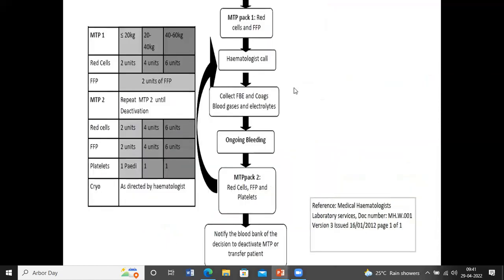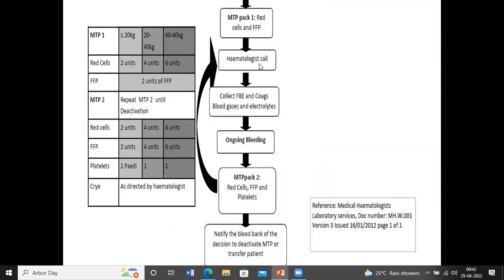And the MTP gets activated. Once the MTP is activated, the unit is going to receive MTP pack 1. So MTP pack 1 usually contains red blood cells and FFP. For example, here, for this protocol that they have, a child less than 20 kgs with huge trauma is going to receive 2 units of red blood cells and 2 units of FFP.